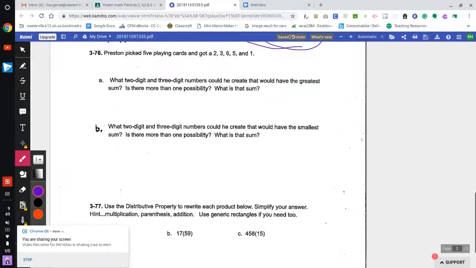2 to go, 76. Preston picks 5 playing cards. So out of a deck of cards, you got a 2, a 3, a 6, a 5, and a 1, which there probably wouldn't be a 1 in playing cards. But again, what 2-digit numbers could he create that would give him the greatest sum? So which 2 numbers can you add together using all 5 of these digits?